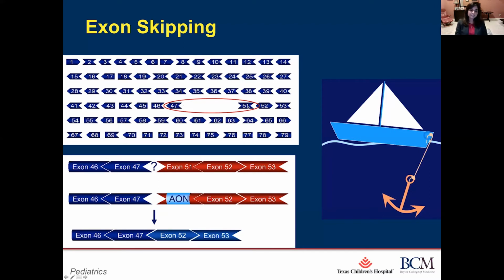So if that AON attaches to 51, then it can be skipped during the reading. So you can see that we can resume the reading frame and we can still make some dystrophin. So the patient who lost dystrophin can still make some dystrophin with this treatment, so the muscle can function.